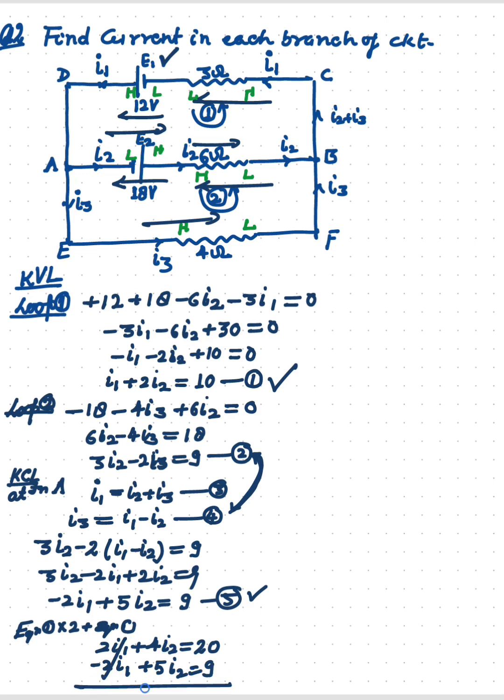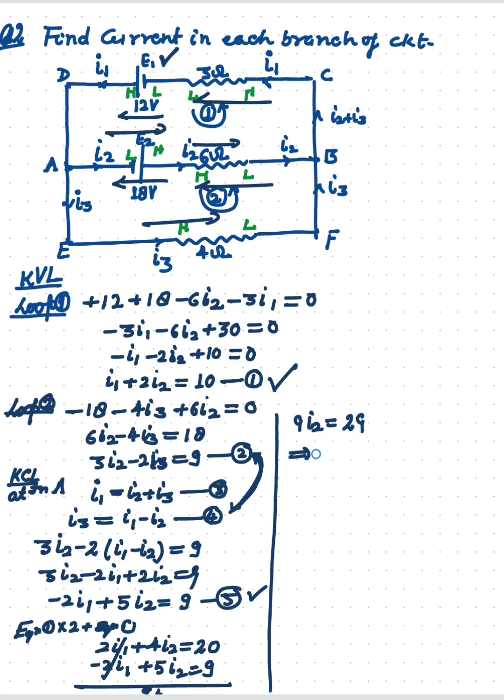So what we get? The bottom line is not clear, so I'm writing here. So what we are getting here: 9I2 equals 29.